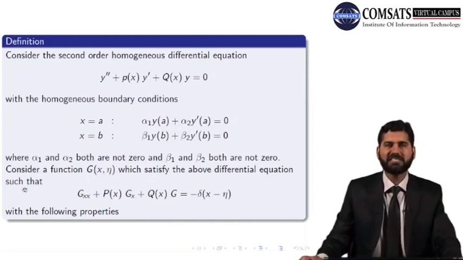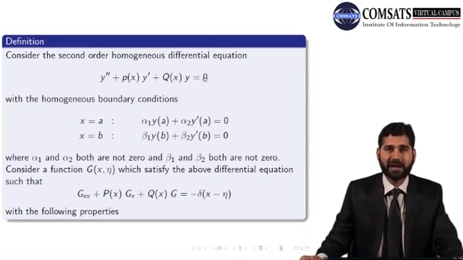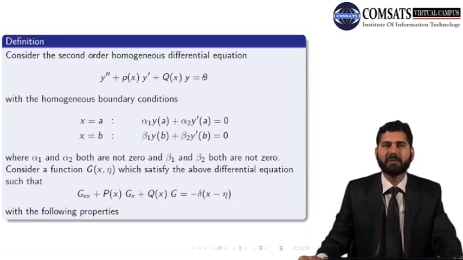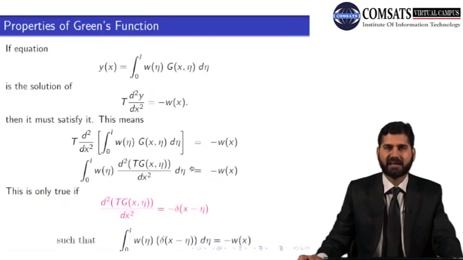So consider a function g(x, eta) which satisfies the above differential equation. If this satisfies the above differential equation, what we do is we replace the left hand side, we replace y by g, but the right hand side is replaced by a delta function with a minus sign.